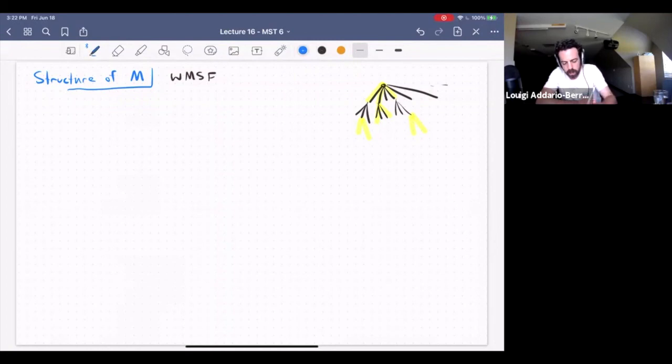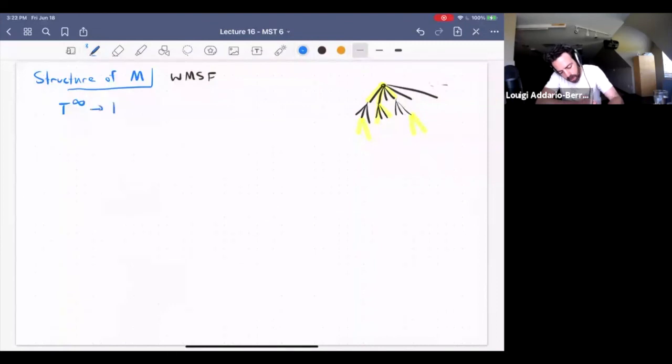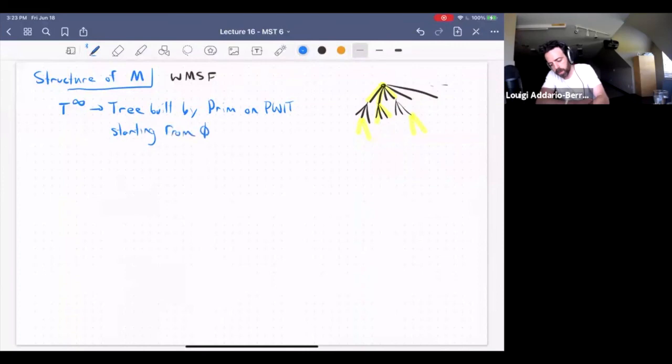Another one is what I'll call T infinity. So T infinity will actually be sort of the crux of the analysis. So this will be the tree built by Prim's algorithm on the PWIT starting from the root.